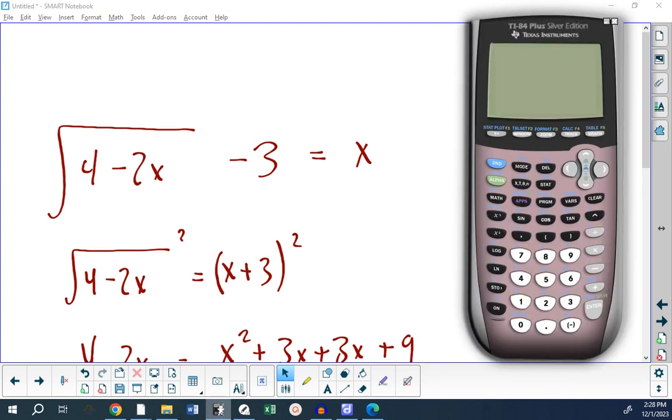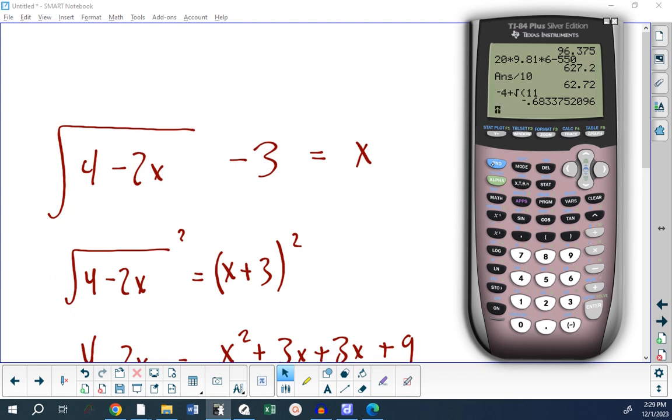It was negative 2 plus or minus root 11? Negative 4, thank you, Ryan. So you would have to go negative 4 plus root 11, and then see if the square root of 4 minus 2 times that number minus 3 will give you that number. I'm going to put in for x on the left-hand side this number.